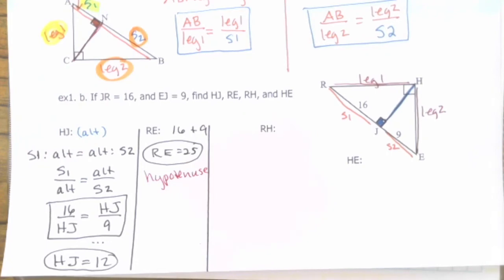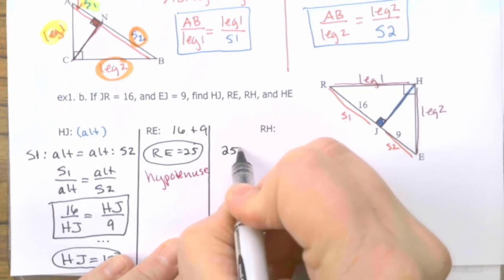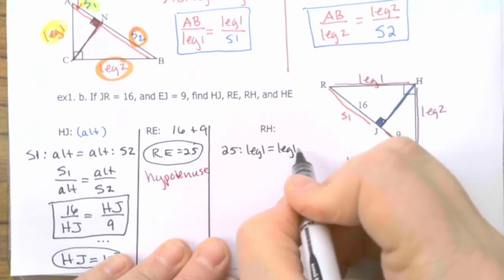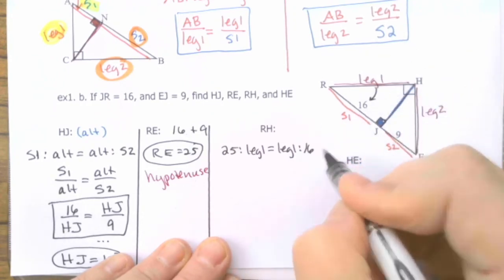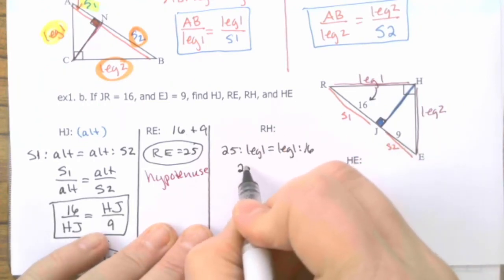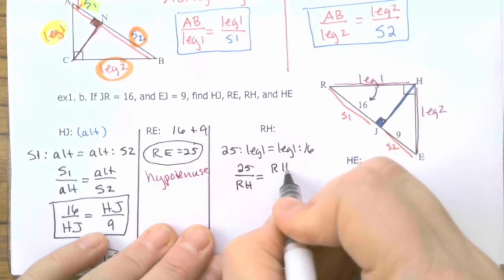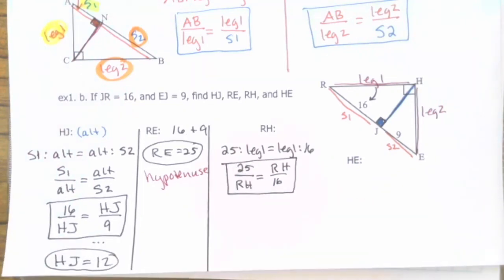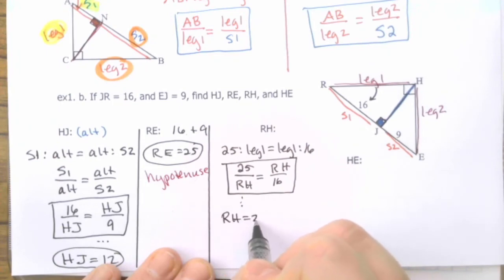Let's set this up. The leg is the geometric mean. So 25 colon, we're going to say leg 1, equals leg 1 colon the nearest piece to leg 1, which is 16. All right, and let's put the numbers in. 25 over leg 1, which is RH, equals leg 1, which is RH, over 16. There is your equation. And again, you're going to solve that, and you end up with RH equals 20.